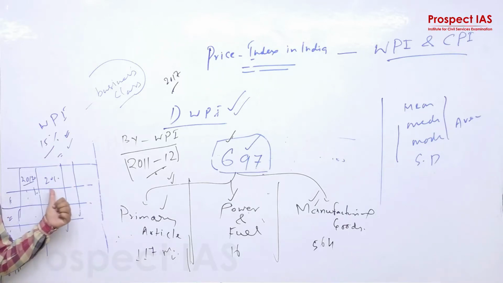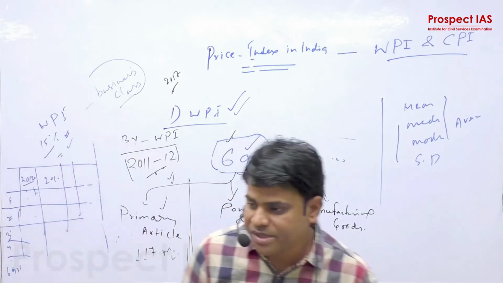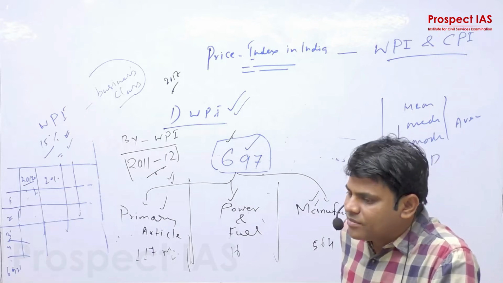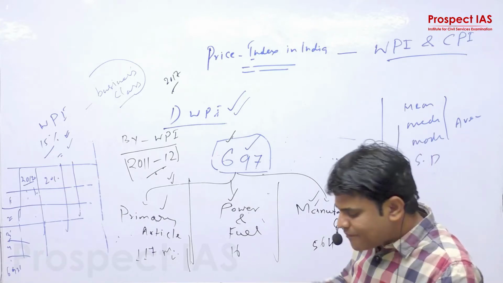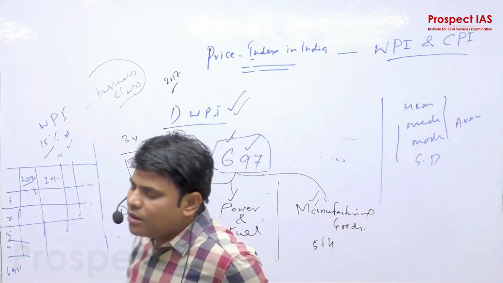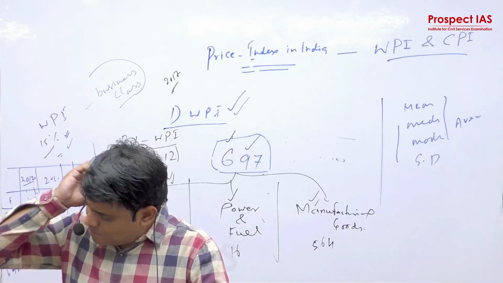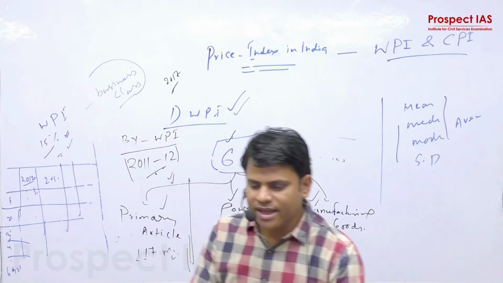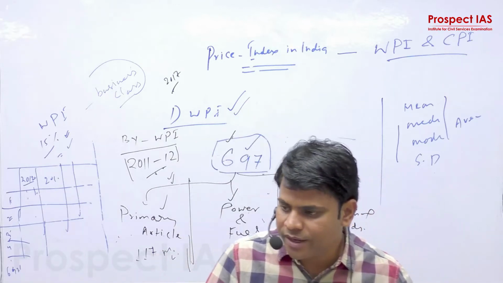Basically our WPI basket must represent our needs or requirements. As time passes, some articles become out of use, we stop using them, they go out of vogue, right?